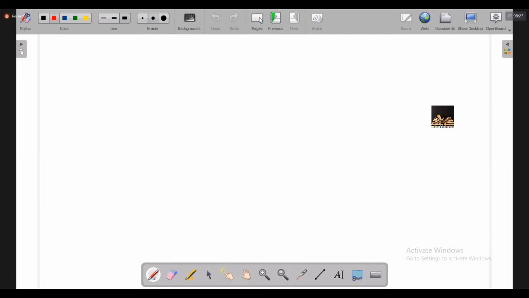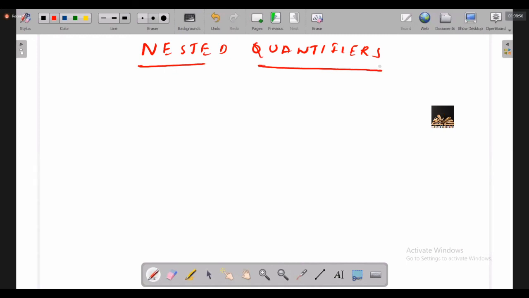Next is nested quantifiers. What are nested loops?